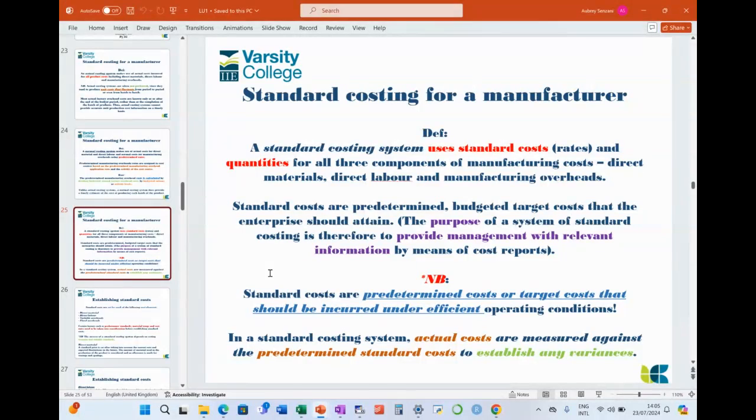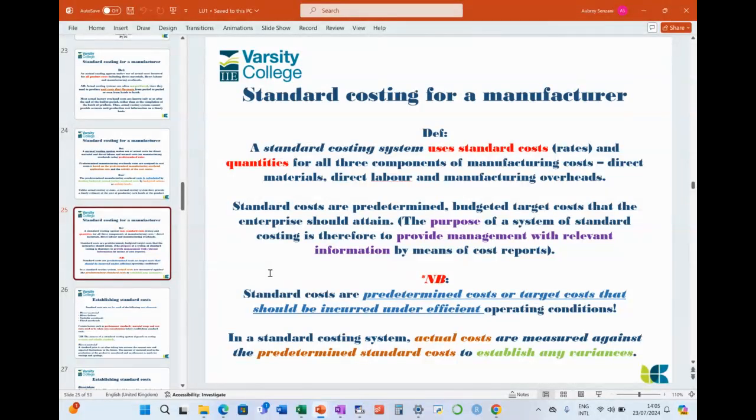The purpose of a system of standard costing is therefore to provide management with relevant information by means of cost reports. Standard costs are predetermined costs or target costs that should be incurred under efficient operating conditions.